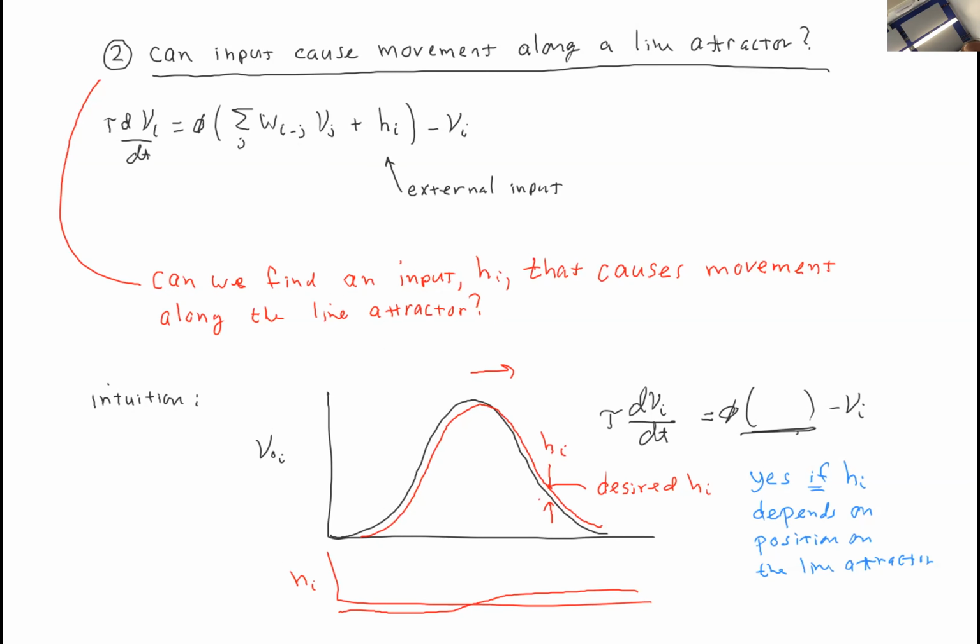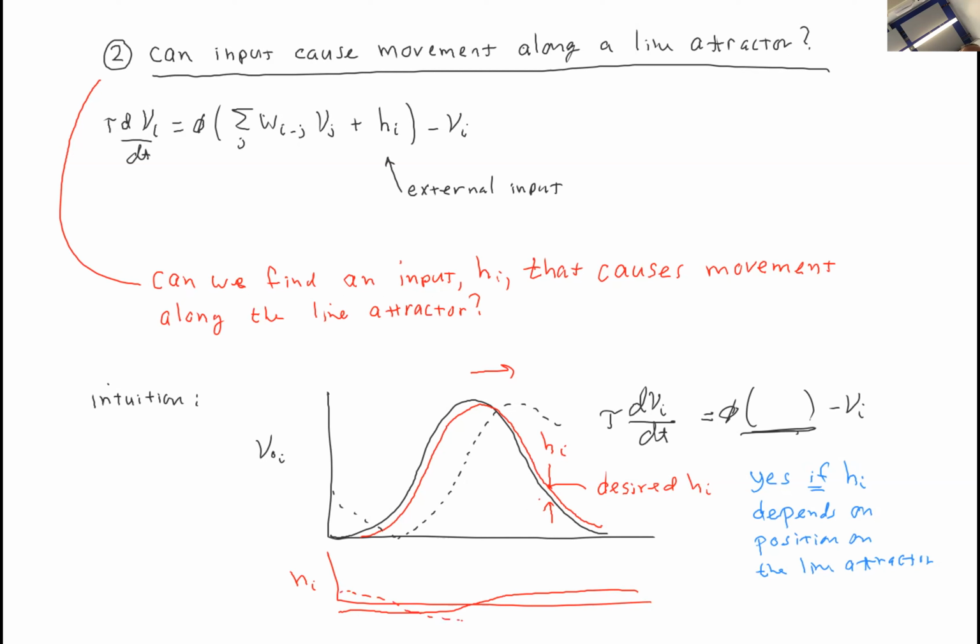If the line attractor, instead of being there, had been over here, then the desired h_i would have shifted.